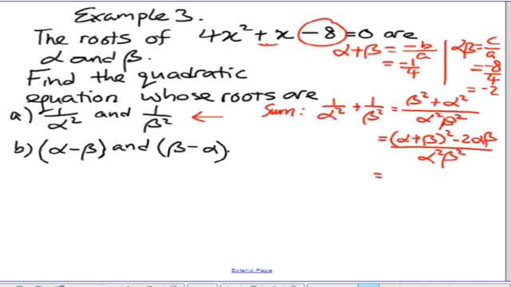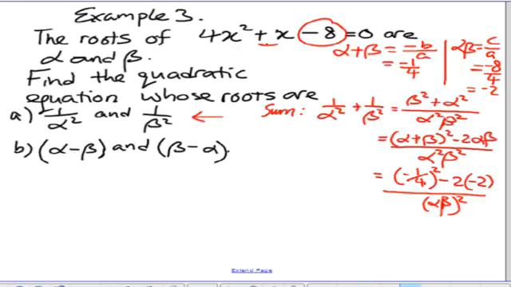Alpha plus beta is known, which is negative 1 over 4 everything square minus 2 alpha beta, which is the product, is equal to negative 2, all over alpha square beta square, which is just basically alpha beta quantity square.